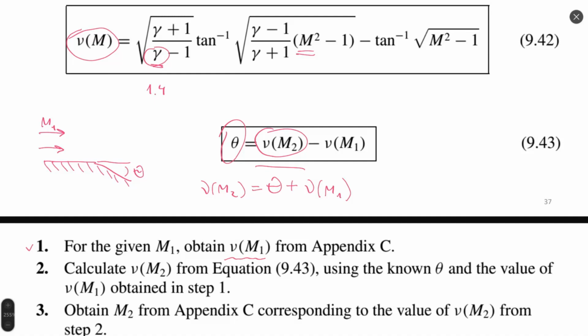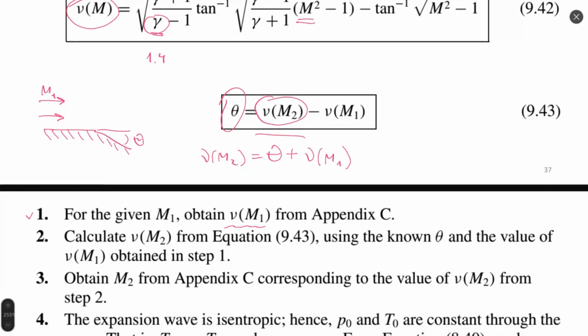So in such a way, very simple, we sum the angle of body inclination and the Prandtl-Meyer function before changes start to happen. And then from here, we calculate the Prandtl-Meyer function, and we find by solution of equation 942 or by appendix C which Mach number corresponds to this Prandtl-Meyer function.